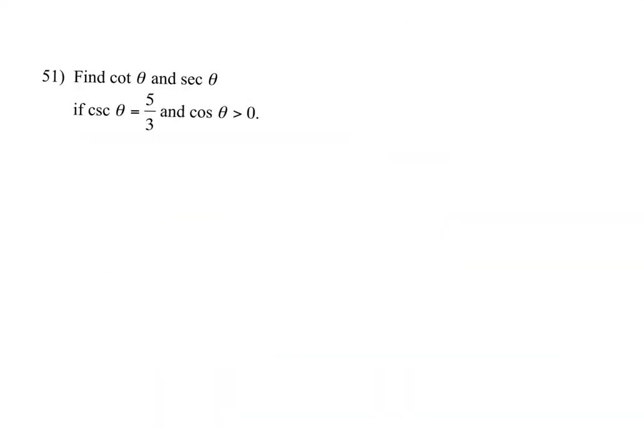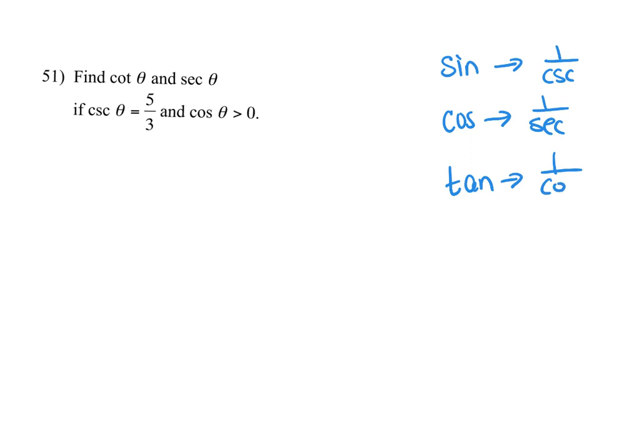You need to know your reciprocals. Sine is the reciprocal of cosecant, like you need to know your reciprocal ones. I guess I should write it the same way I've been writing it. All right, so you need to know your reciprocals. You need to know your quotient identities.